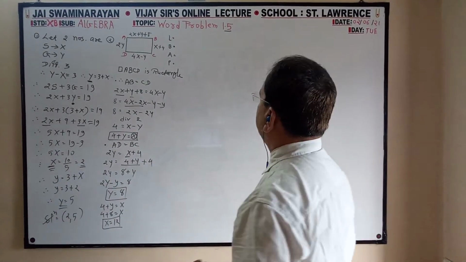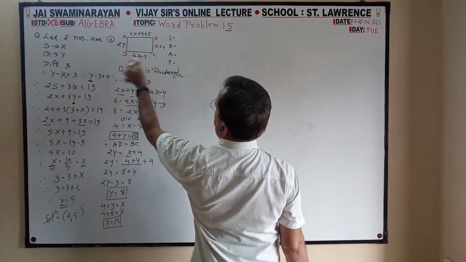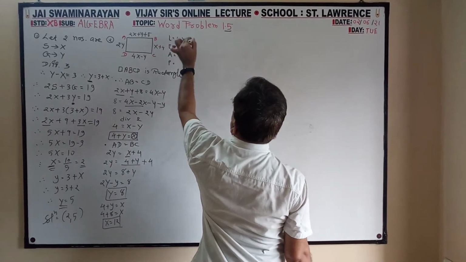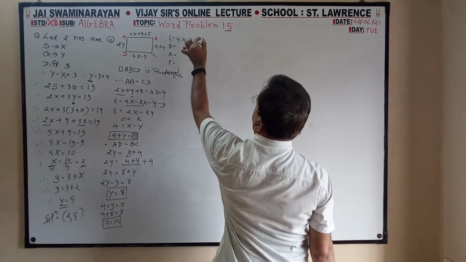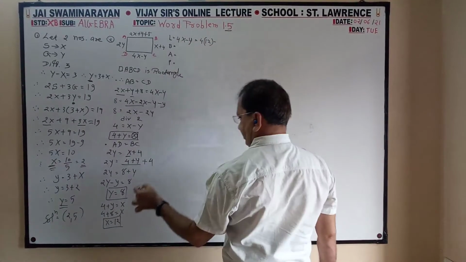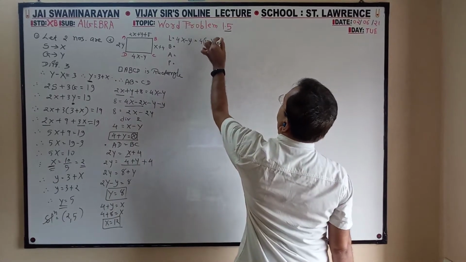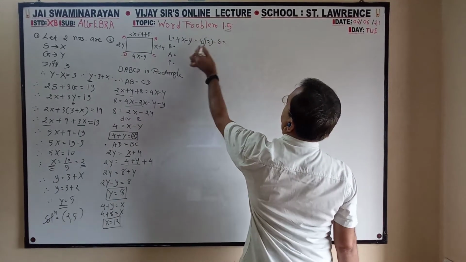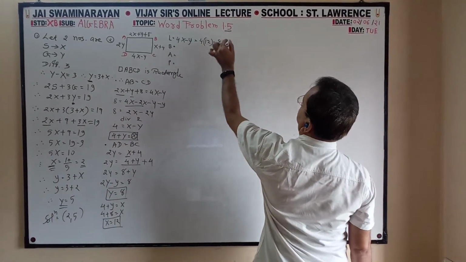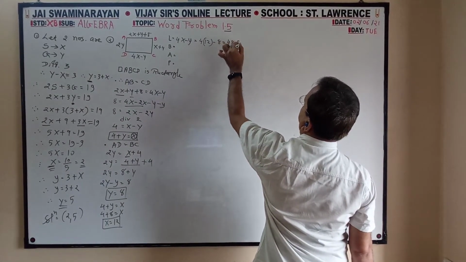Question number 1. L is equal to what? Length, take the bigger one, 4x minus y. 4x, x is 12, minus y. 12 fours are 48, minus 8.